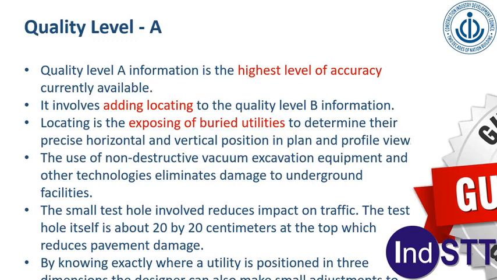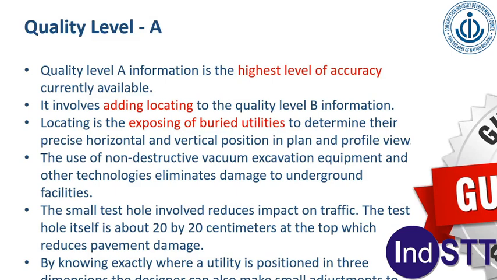Ultimately, putting all this information together, we make subsurface utility maps. And depending on the project, we decide how these maps should be printed. But the fact is that any map becomes a subsurface utility map prepared using the process of subsurface utility engineering only and only if every utility has an associated quality level.